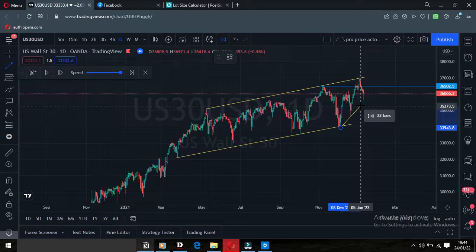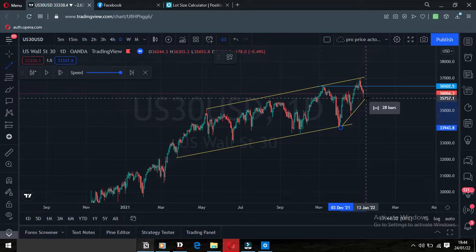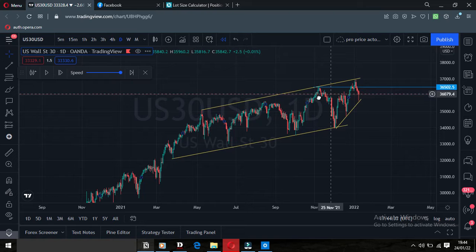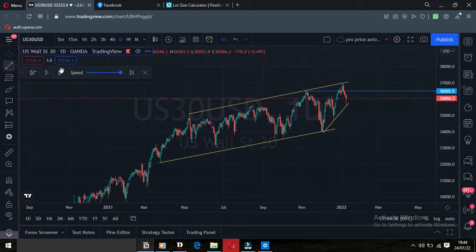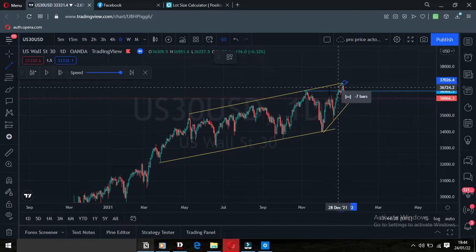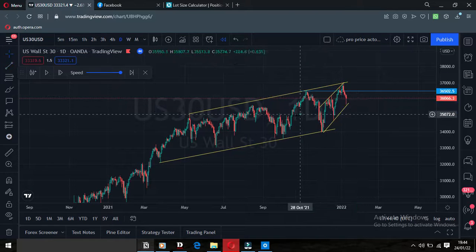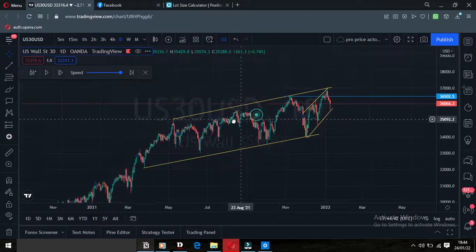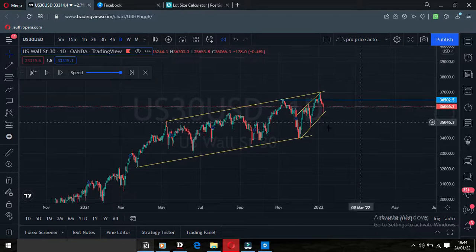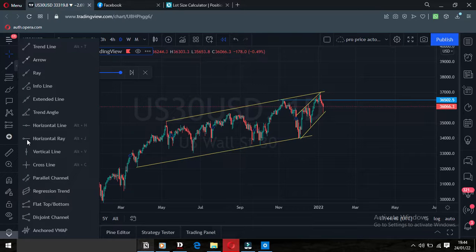So here is my rising wedge over here. It's not a rising wedge, but a flag pattern, which represents that sellers might get in within a very short period of time. I'm going to show you my targets and also where I executed the trade.